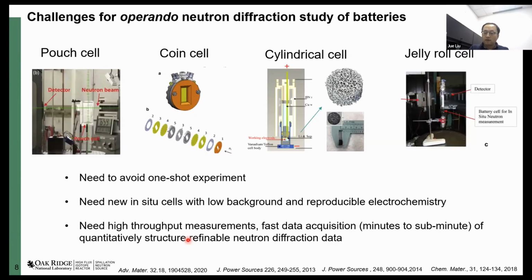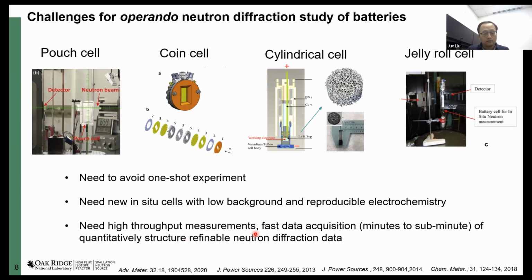The idea of operando neutron diffraction probably came at the same time as in situ or operando X-ray diffraction was developed. And I think for the last few decades, there has been a lot of effort pushing this towards the level of in situ X-ray diffraction.